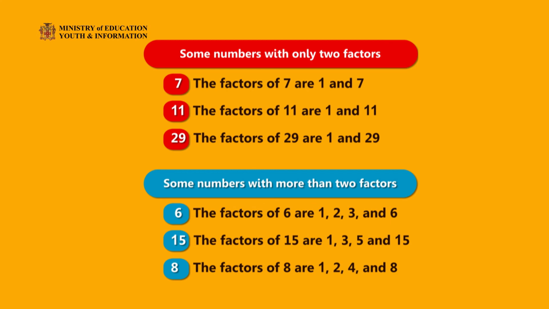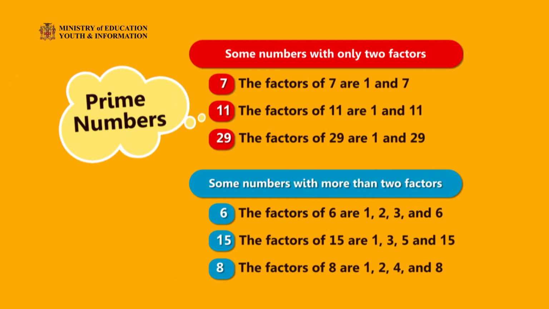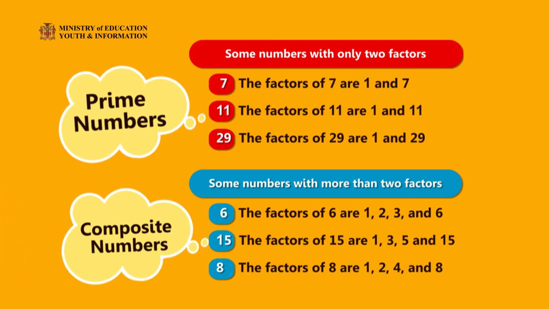Can you recall from your previous lessons what numbers with only 2 factors and those with more than 2 factors are called? Yes, those are they. Numbers with only 2 factors are known as prime numbers, and those with more than 2 factors are known as composite numbers.